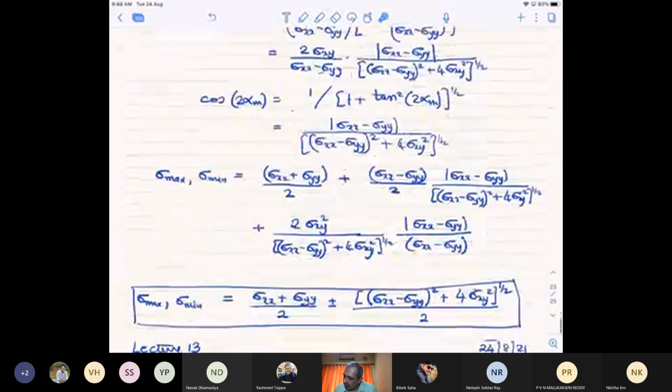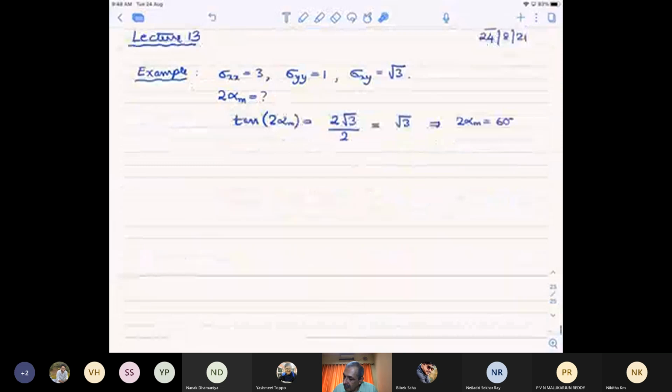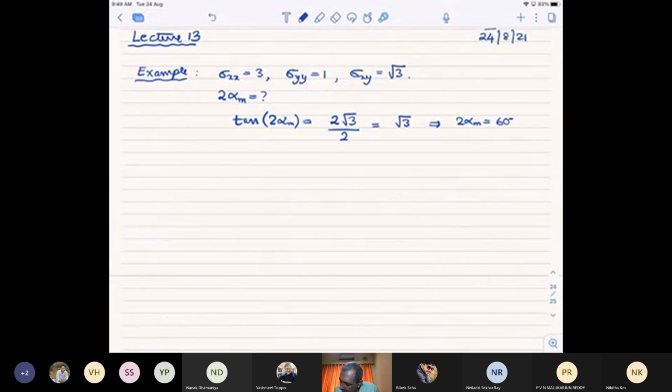Okay. So we shall write this down, that I'm going to call that as just sigma. That is the normal stress at any angle. So this formula we have already calculated, that if you want to find out at any angle alpha, it's this.